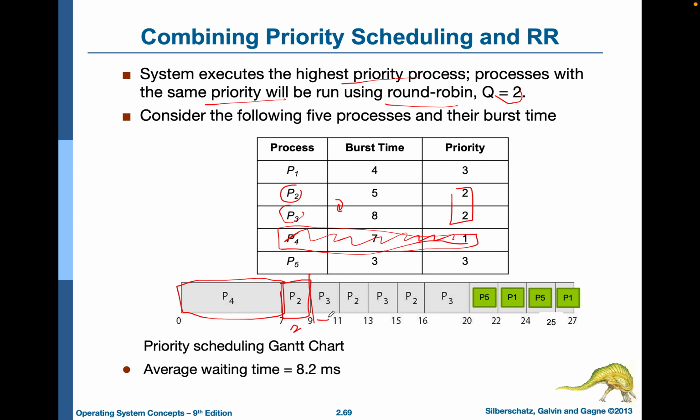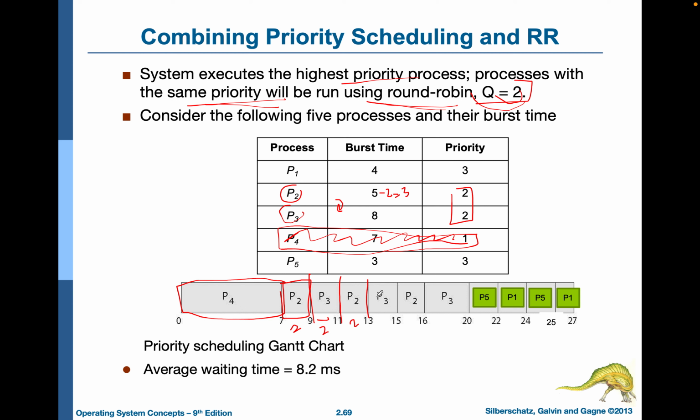You're going to have another quantum 2 and interrupt. Process with the same priority runs using round robin. You follow the round robin style, and you interrupt each quantum 2. After you finish with P3, there's still 3 left for P2, isn't it? That's why you continue with P2, but only 2 again because it's quantum 2.